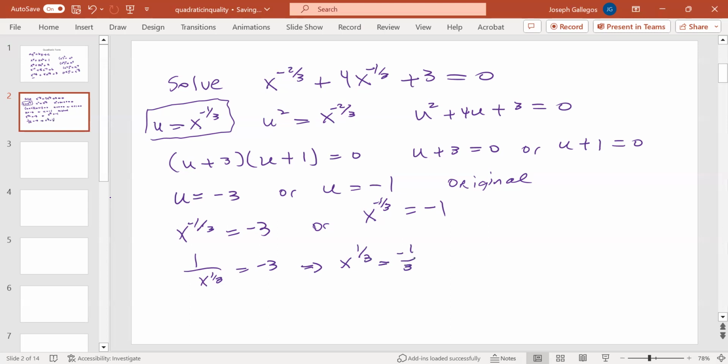And then the second equation becomes x to the 1/3 is equal to negative 1 when we reciprocate both sides. And now how do you get rid of the cube root? You cube both sides. So cubing both sides, we would have x is equal to negative 1/3 cubed, which is negative 1 over 27.